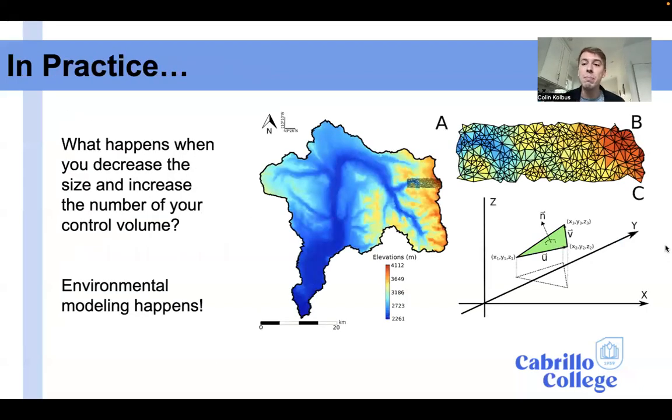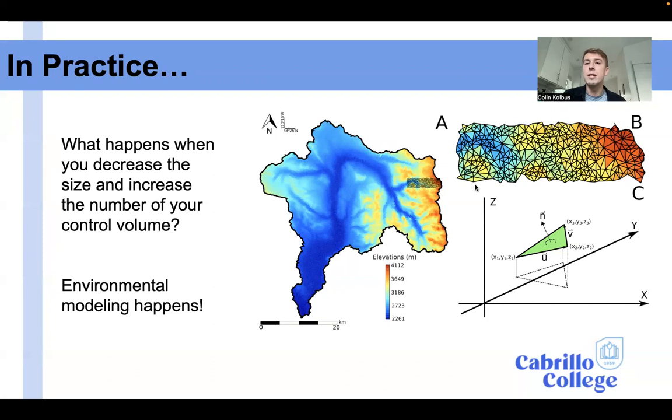And so this is really powerful. It may seem simple to say, if I put something into my system and something exits my system, I can calculate the change of my system. Well, if you decrease the size of this system and increase the number of your control volumes, you can start getting these really fine, granular, complex modeled systems where you're plotting the discharge of one control volume into another control volume adjacent to it, and more and more and more.